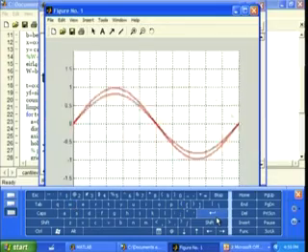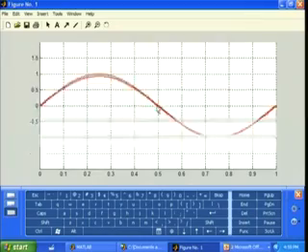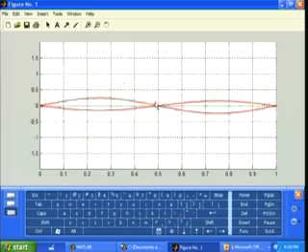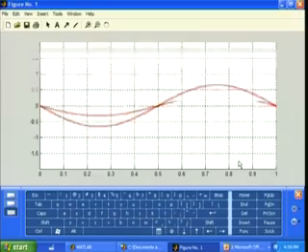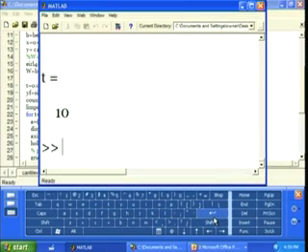In case of the second mode you can observe that at point 5 there is no vibration of the beam. There is no vibration of the beam at L equal to 0.5 in case of the second mode, and similarly you can find for the third mode.